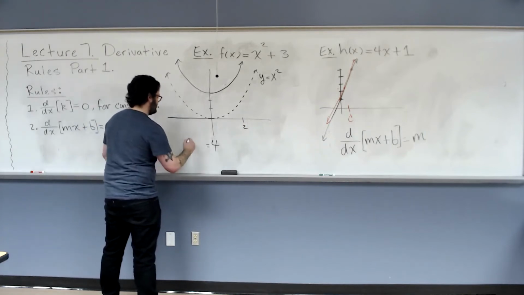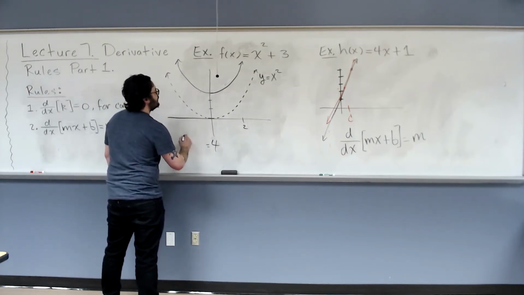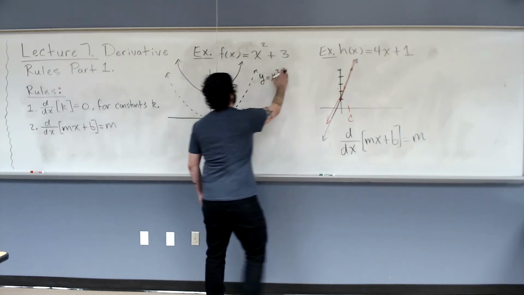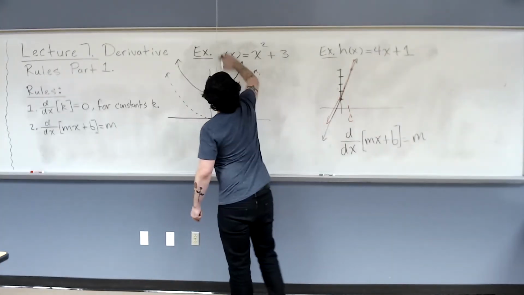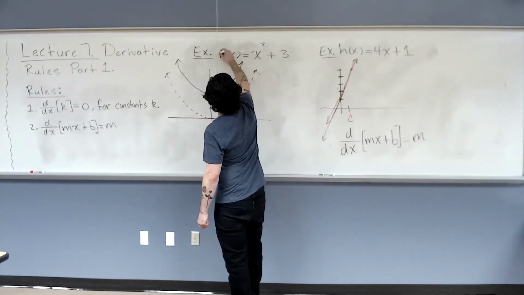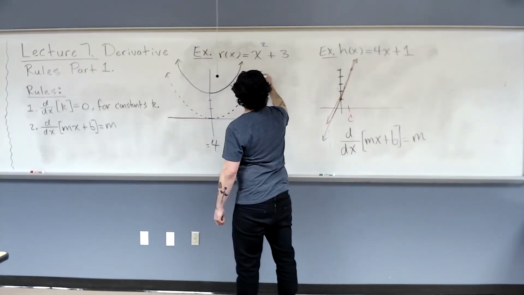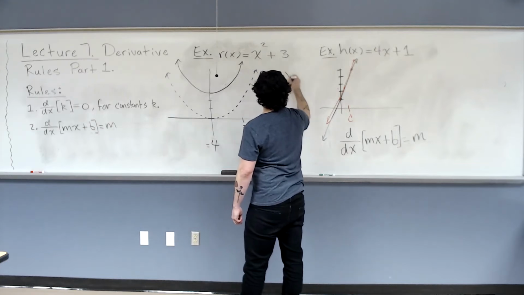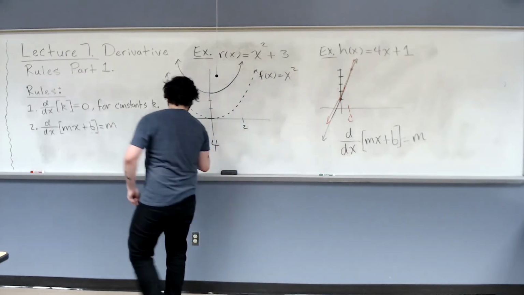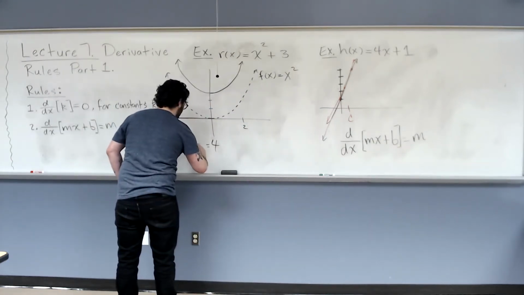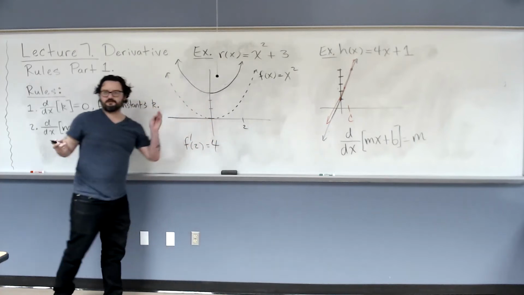Okay, I should say this. Maybe I'll call this function something else. Like I'll call this r, and I'll say r of x equals x squared. So I know that f prime at 2 is 4. We did that last time.